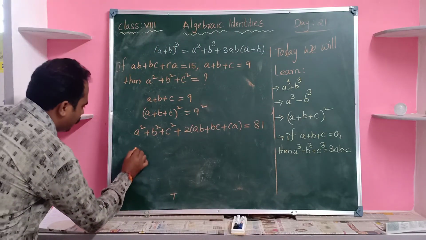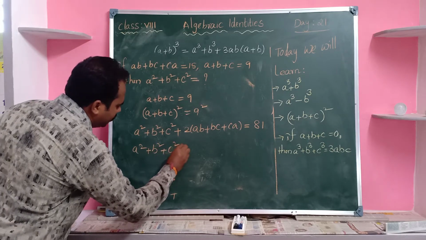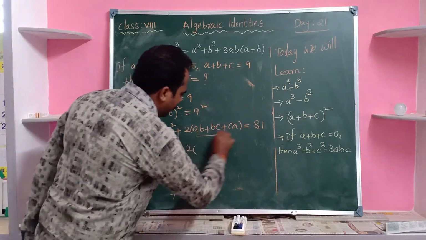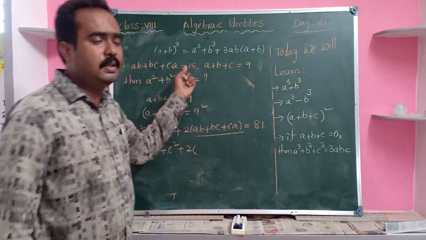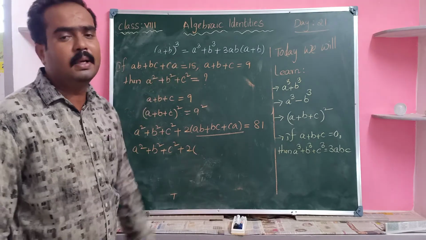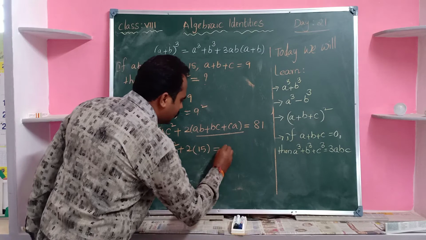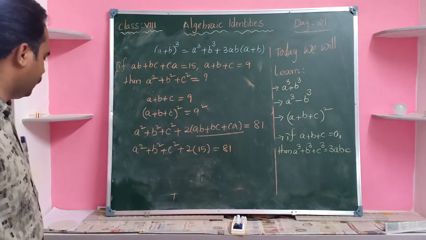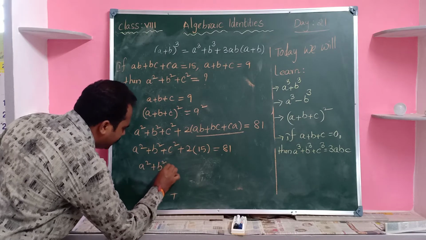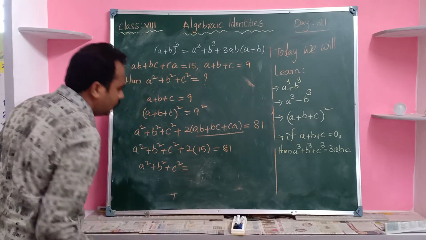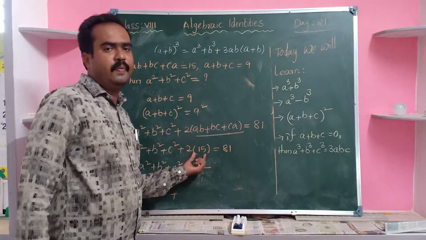So a square plus b square plus c square plus 2 into what is ab plus bc plus ca? What is ab plus bc plus ca? 15. 2 into 15 is equal to 30. 81, so a square plus b square plus c square is equal to 81 minus 2 into 15, 30.